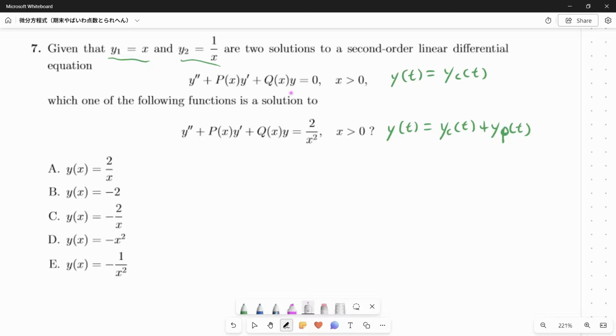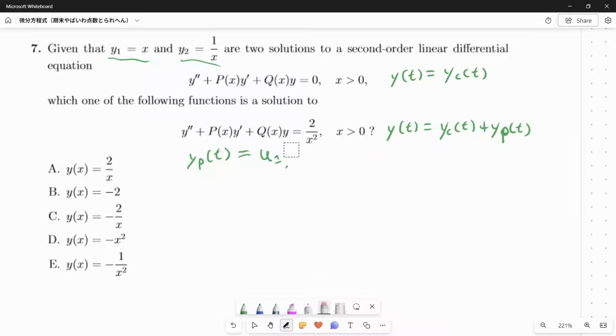And we know that a particular solution usually takes the form of u sub 1 times y sub 1 plus u sub 2 times y sub 2. In this case, we just have to come up with functions that represent u sub 1 and u sub 2, and we can do that by using the method of variation of parameters.